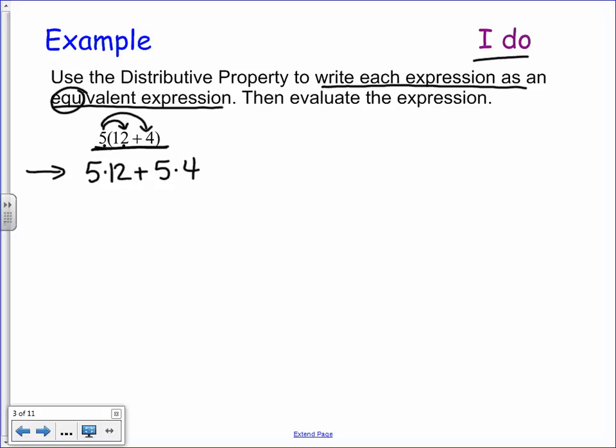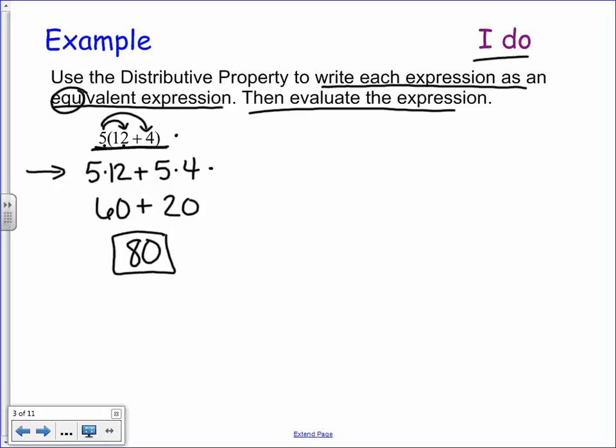This right here is your equivalent expression. This means this. Okay, so that's all that is. Then the second step asks us to evaluate the expression. So then I have 5 times 12, which is 60, plus 5 times 4, which is 20, and then 60 plus 20 is 80. Okay, that's distributive property.